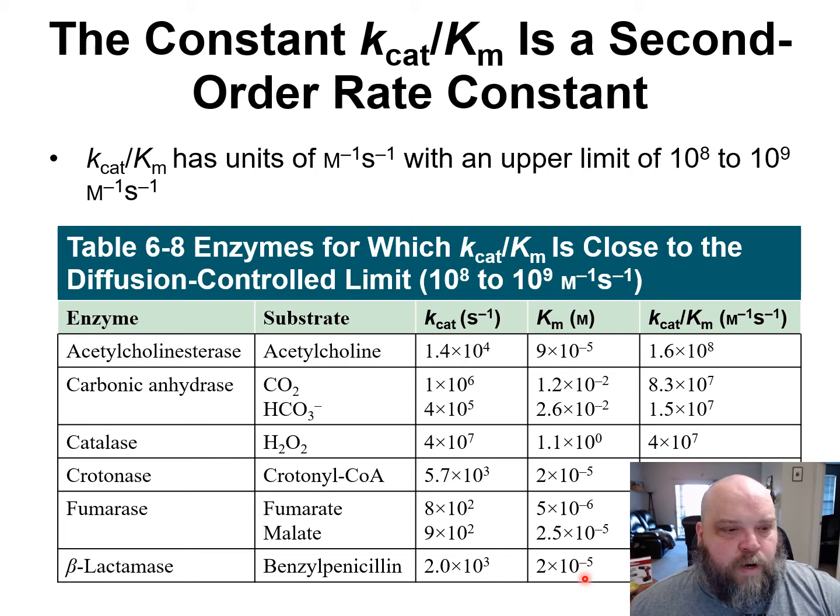The denominator of our ratio is way, way, way smaller: 0.00002. Ooh. So our ratio is 10 to the 8th, 100 million. Yeah, okay. Something that doesn't have a very high turnover rate, but its Km is so small that when you look at it, it's actually quite good.